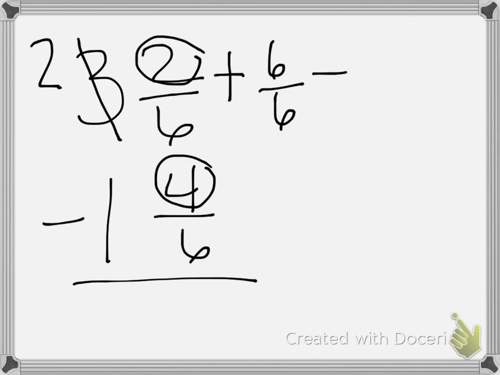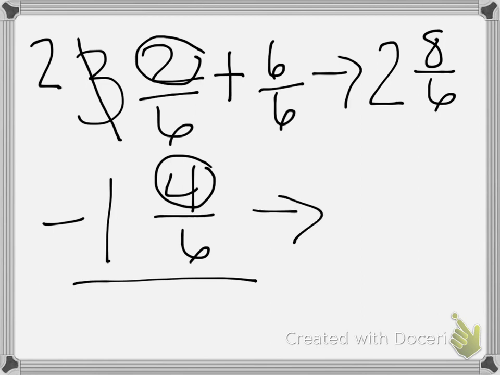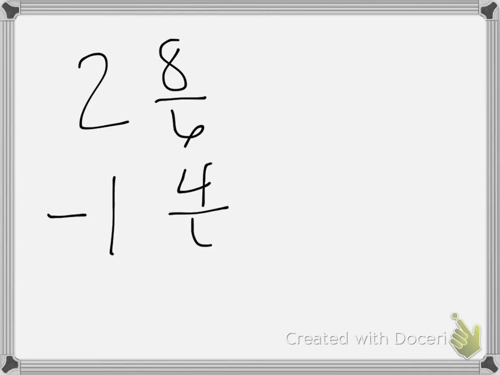So now we're going to write it as 2 and 8 over 6, and then we're just going to rewrite minus 1 4/6. So 2 and 8/6 minus 1 4/6.